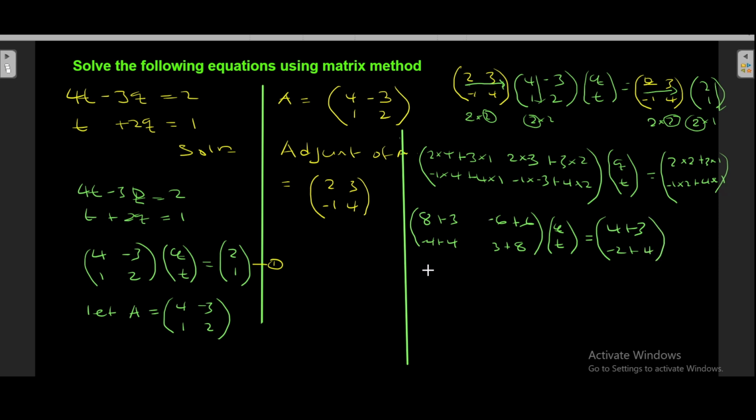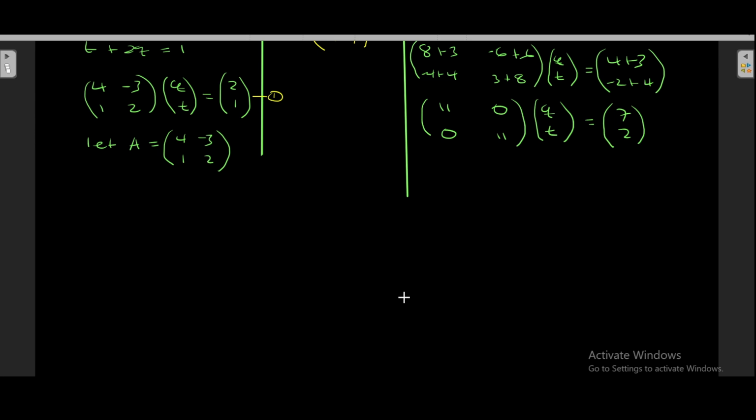If you add here, 8 plus 3 gives us 11. Negative 6 plus 6 gives us 0. Negative 4 plus 4 gives us 0. 3 plus 8 gives us 11. Equal to 4 plus 3 gives us 7, and negative 2 plus 4 gives us 2. Let me hope we are together.